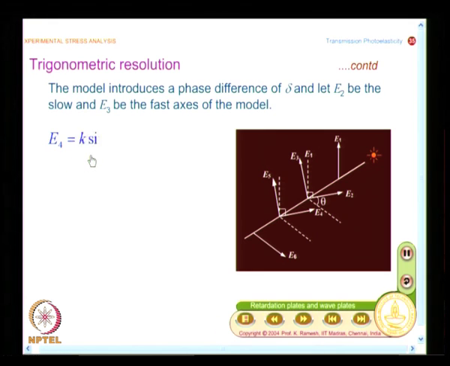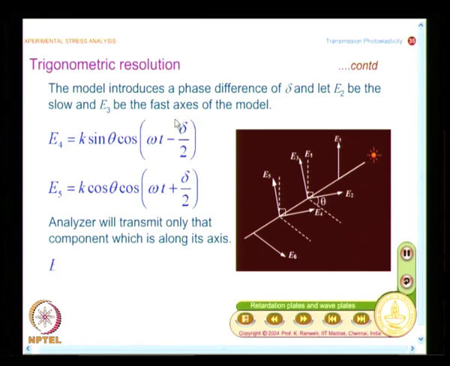So, the same amplitude will not change, but in the phase I subtract delta by 2, and on E5 I add plus delta by 2. So, what I have here is E4 turns out to be k sin theta cos of omega t minus delta by 2, and E5 is k cos theta cos of omega t plus delta by 2.